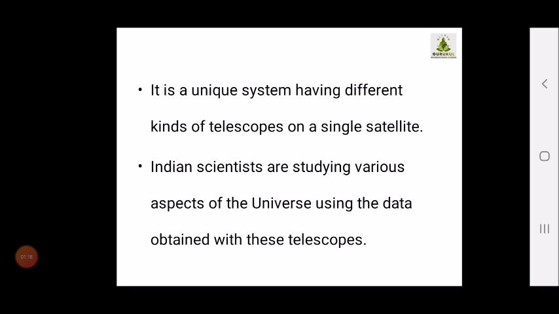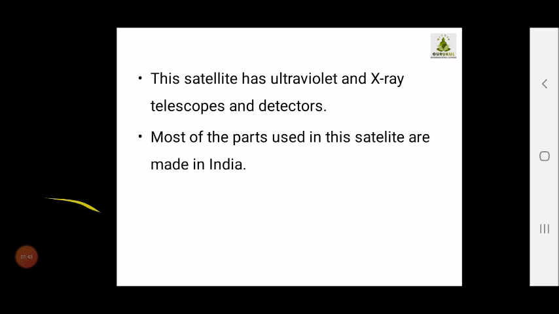So many different types of information regarding space are collected by a single satellite, and it has a unique system because it has different types of telescopes on a single satellite.